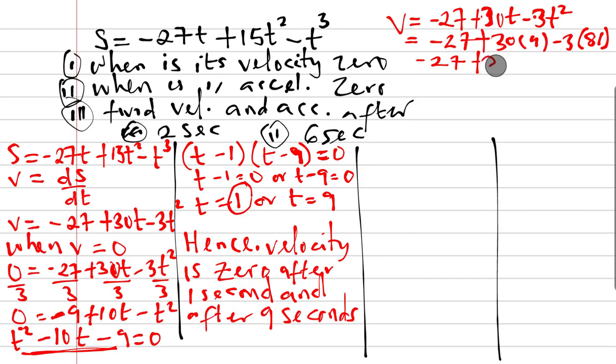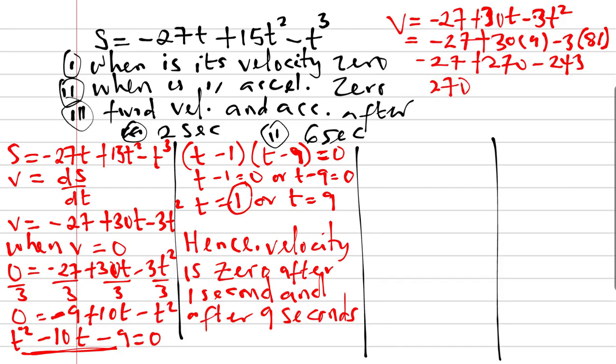This will give us 270 minus 3 times 81. 3 times 81 should give us, 81 times 3 rather, 243. Now you can see minus 27 minus 243 is 270.